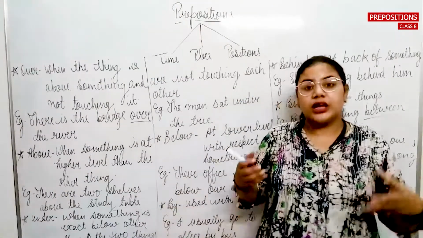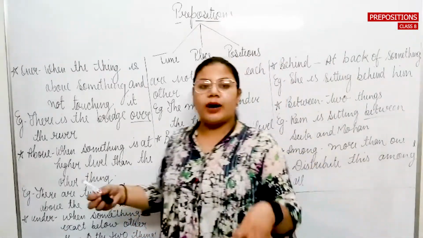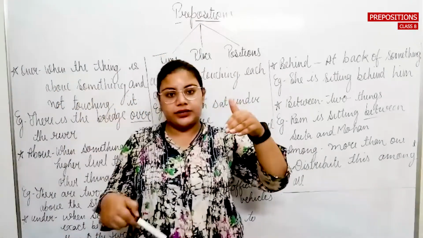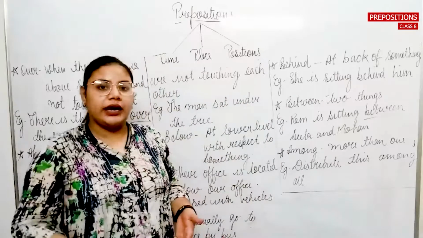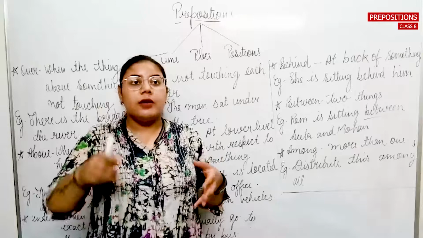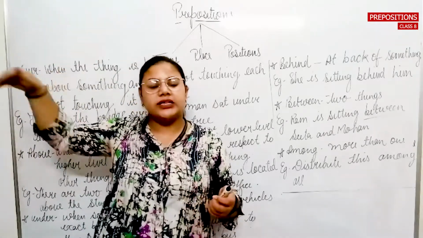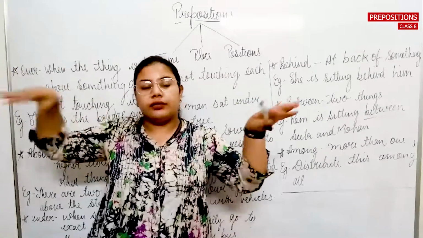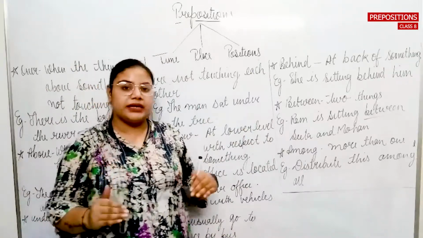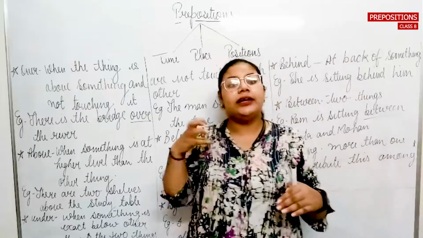For example, if I talk about a man sitting under a tree, so the man is sitting exactly under the tree, then I will say that the man is sitting under the tree, only then I will use under. But if the tree is here and the man is standing there, I will say the man is standing below the tree. Yes, the tree is at the higher level and that particular man is at the lower level. But the point is that the man is not exactly under the tree.